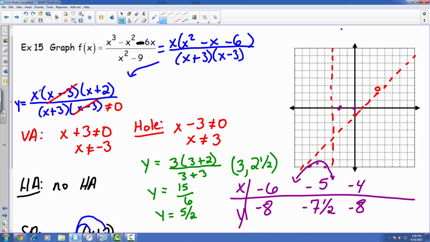All you would do is just set this top piece equal to 0 to find that. And so connecting these 3 points, and yes, I said points, because that hole is kind of considered to be a point. And so we should see an image that looks something like that. And in fact, we did from our graph.